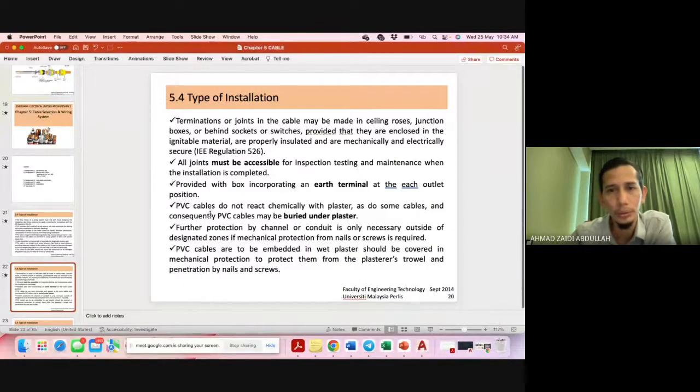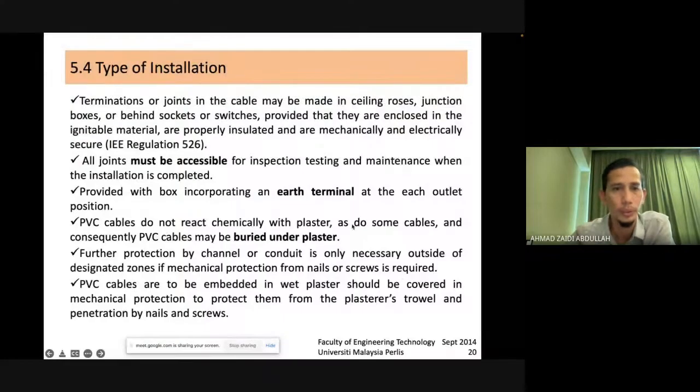And then what we call, PVC cable do not react chemically with plaster, okay, as do some cable and consequently PVC cable may be buried under plaster. Okay, that's why we suggest to use the what we call it, conduit.